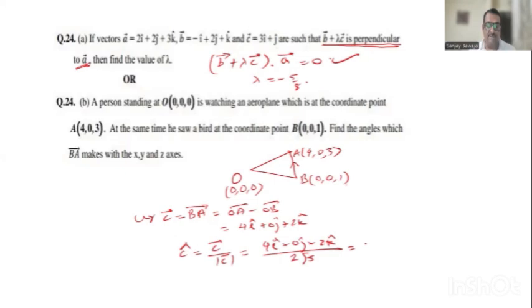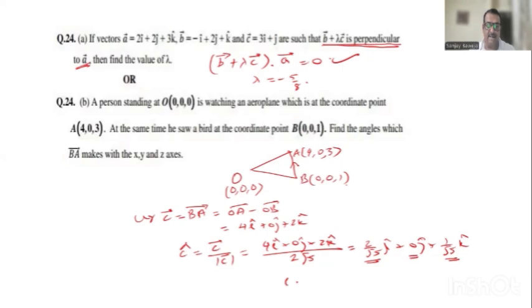So the unit vector which we get is 2 by root 5 i cap plus 0j cap plus 1 by root 5 k cap. And you know the coefficients of i, j, k in a unit vector represent direction cosines.